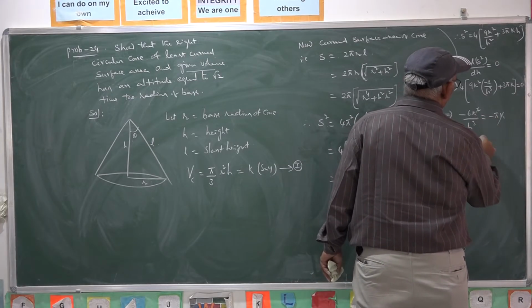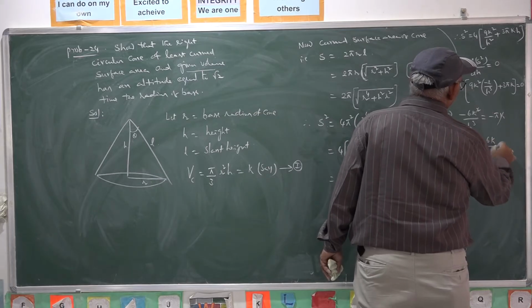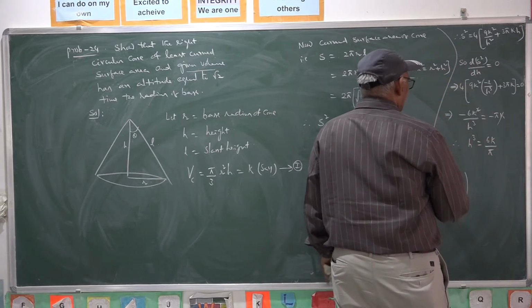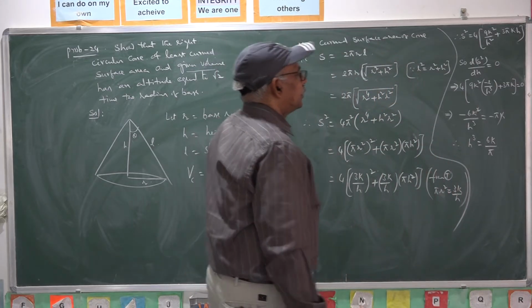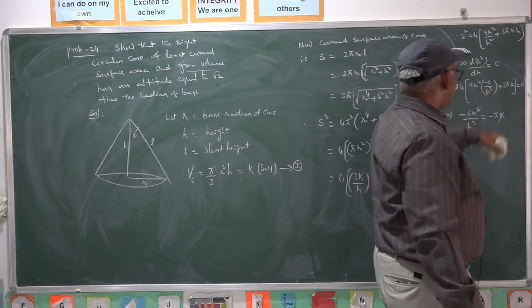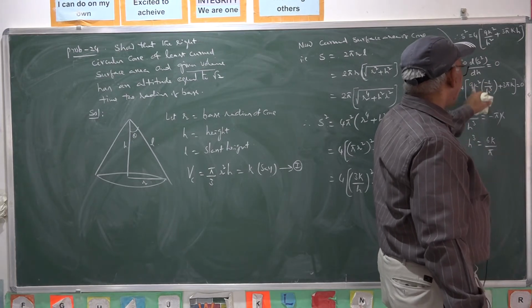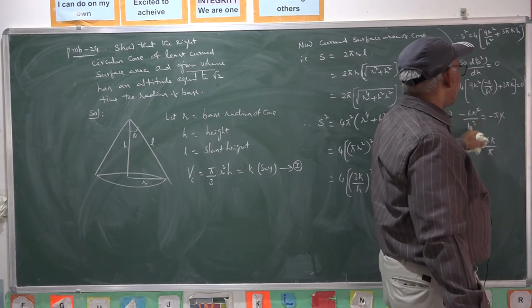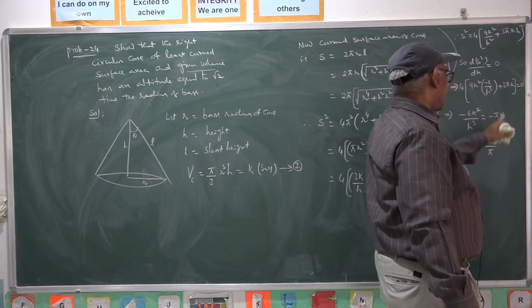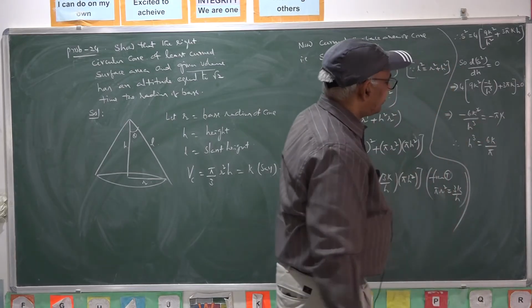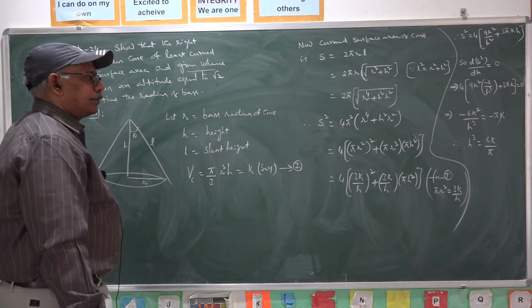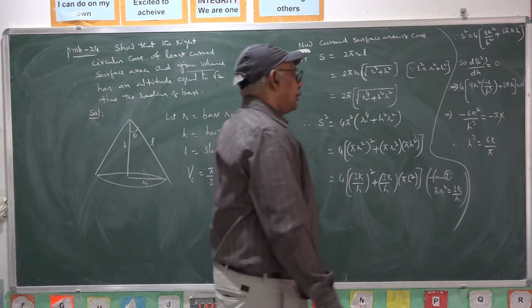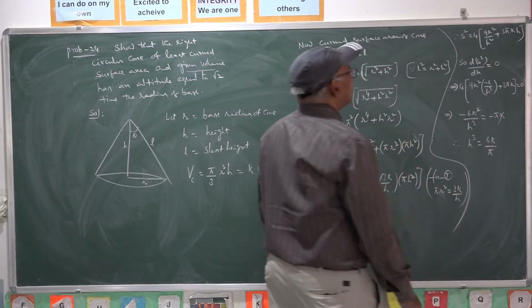The remaining h cube takes the value 6k by pi.